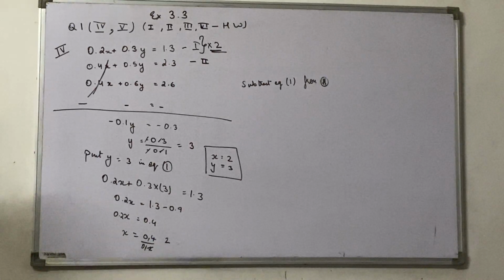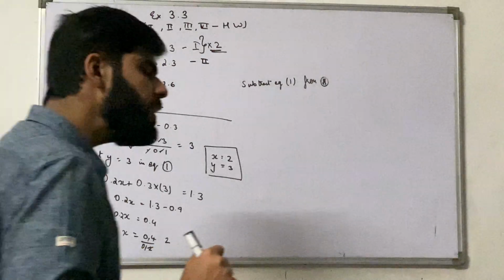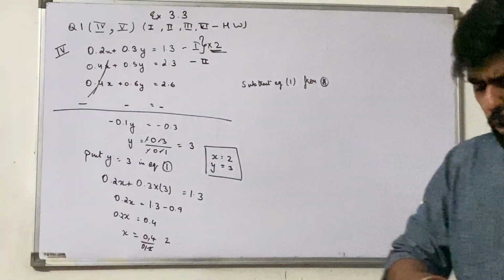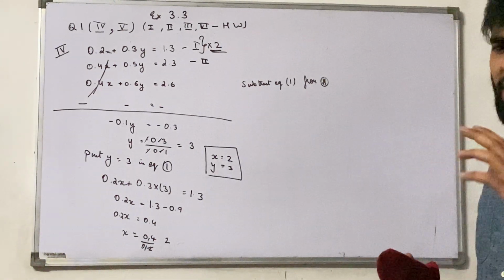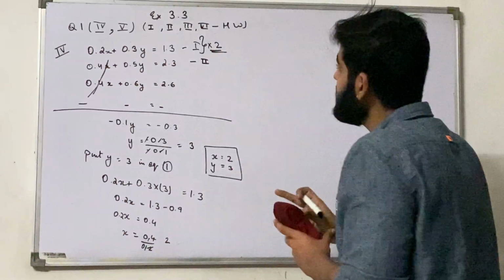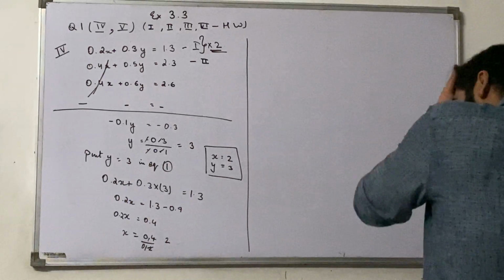Note this down. We will do the same question with the substitution method. We need to do all these questions with both methods, because these are the important ones and we need to practice them very, very frequently. Okay, the same question we will do with the substitution method.